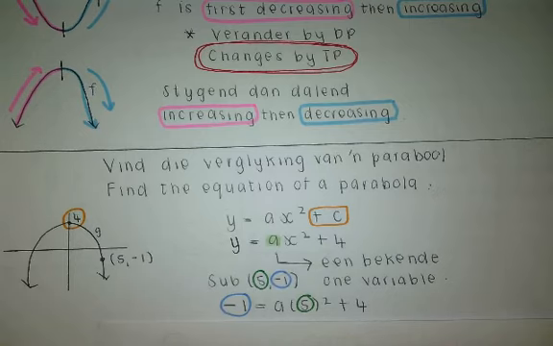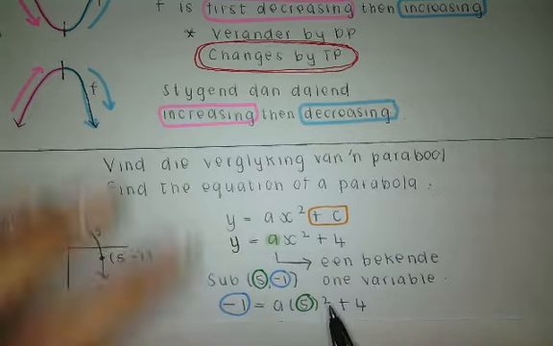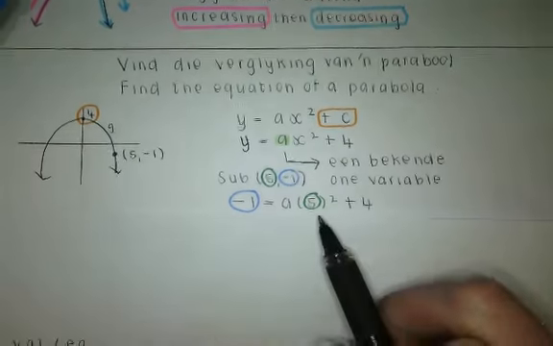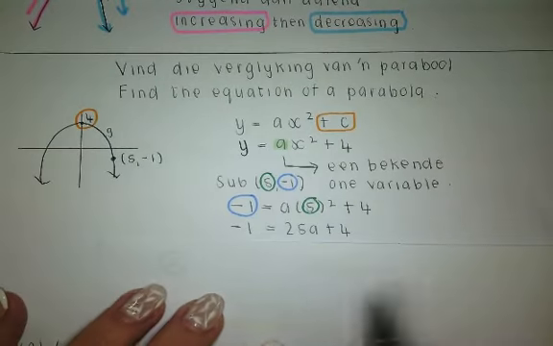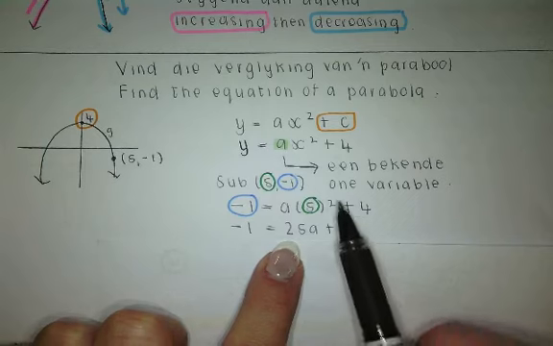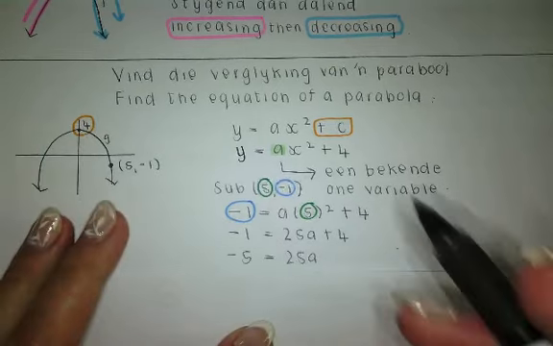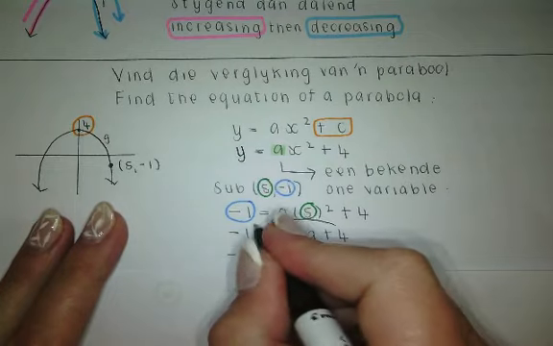Right, so now it's a normal linear equation. We can see that 5 squared is going to give me 25. So I'm going to have 25a plus 4. I'm going to take that 4 over, and it becomes -4.